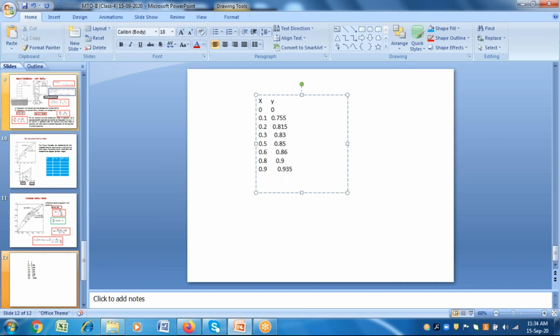Okay, then 1. So where X and Y refer to the mole fraction of the more volatile component in the liquid and in the vapor respectively.